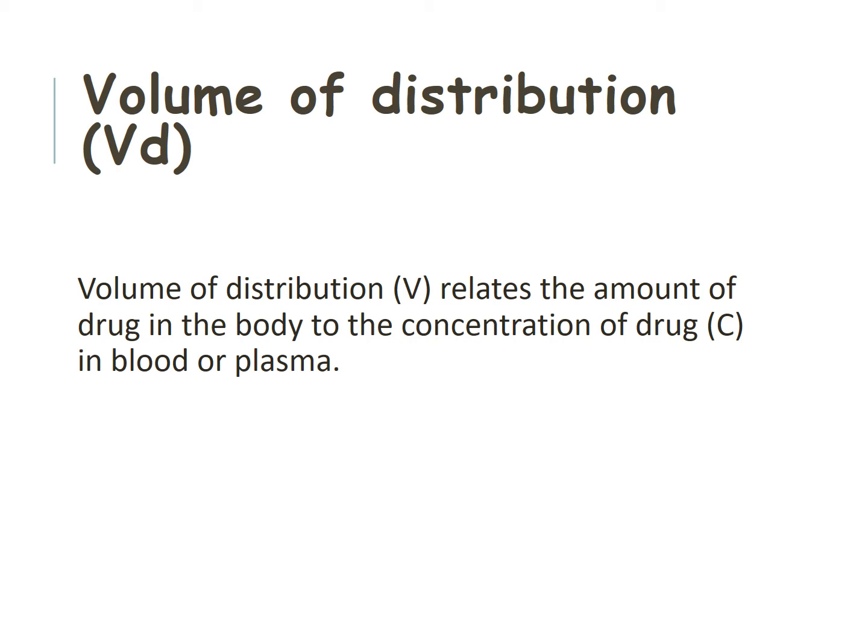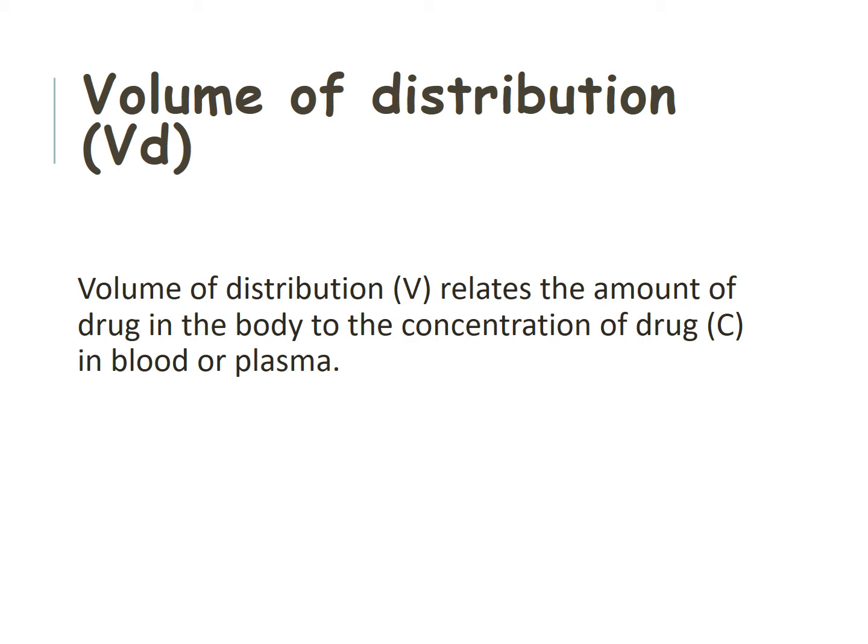And again, in technical terms, we describe the distribution as volume of distribution. So how much volume is needed to accommodate the drug. This is known as the volume of distribution. The volume of distribution relates the amount of drug in the body to the concentration of drug in the plasma.